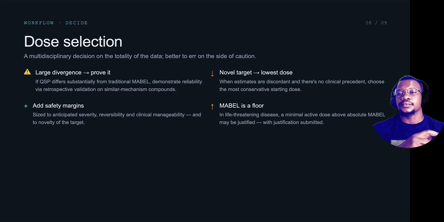So when estimates are discordant and there is no clinical precedent, choose the most conservative starting dose. I think that's a no-brainer. Then in life-threatening disease, a minimal active dose above the absolute MABEL may be justified. So I think that's why there are some medicines where you find the doses are very different depending on the criticality of the patient, right?